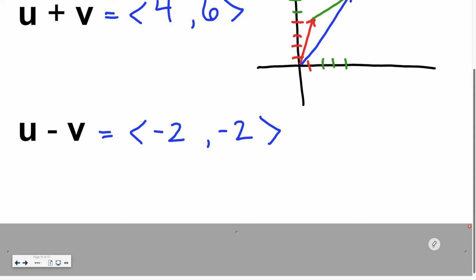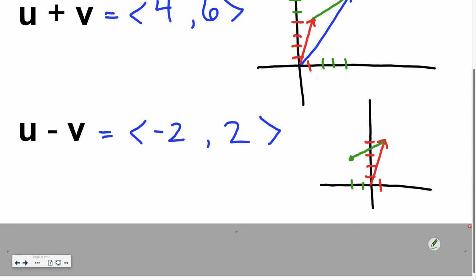Geometrically, vector u is 1, 4, but we're going to add the opposite of v, so I'm going to actually graph to the left 3 and down 2, because we are now opposite.